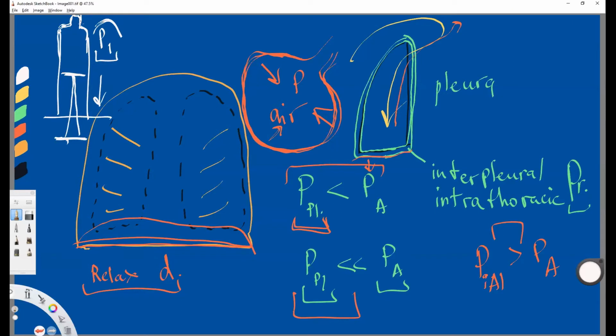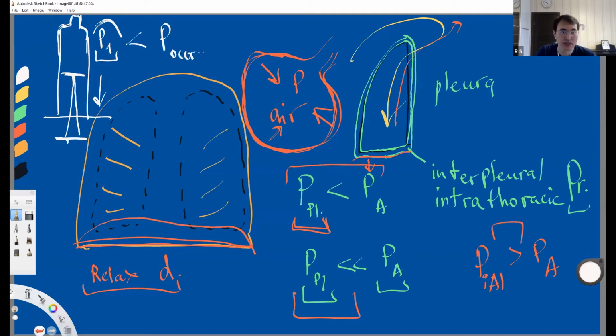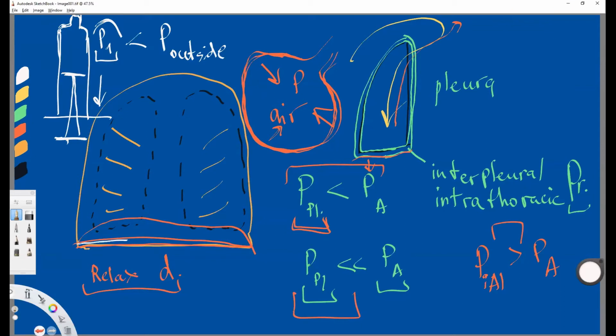And because it drops down, we have the difference between the outside and the initial pressure. So the outside is bigger than the initial one. And in this case, it will suck either air or the substances that we want to suck, right? And the same happens here, but only with air.